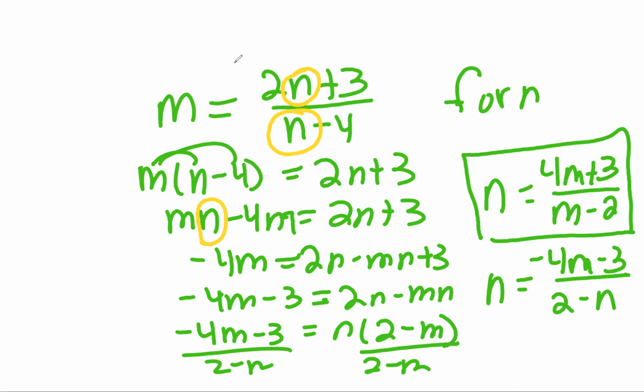So if you think about it, they're the same. I could factor out a negative from the second one. So negative 4m plus 3 over negative m plus 2, so that the negatives would then cancel out and it would give me the same answer. So it doesn't matter to me which way you guys work that problem. You would still get the same answer. So that's really all there is to solving literal equations.